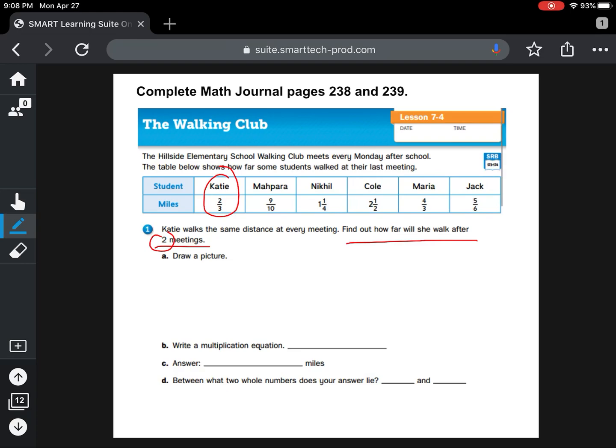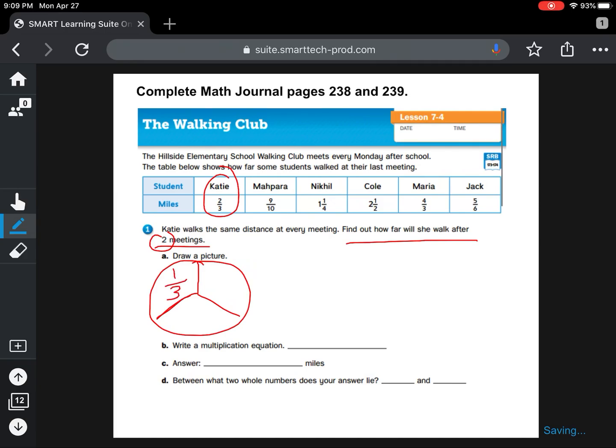So I'm going to draw how I would represent 2/3, but then I have to do it 2 times to represent 2 meetings. So I'm going to draw 1 circle to represent the first meet that she goes to. And then I'm going to divide my circle into thirds the best I can.